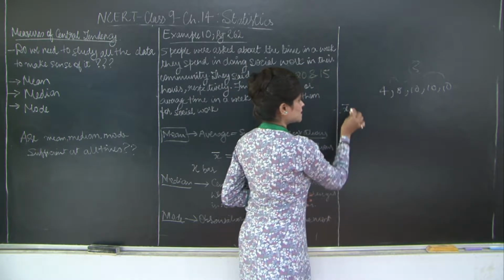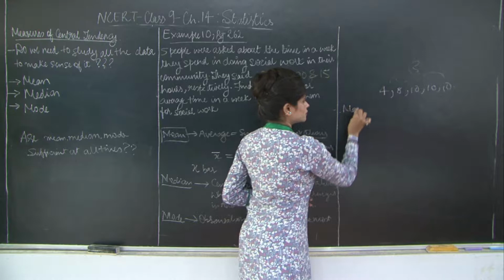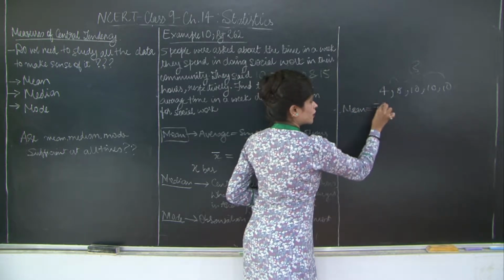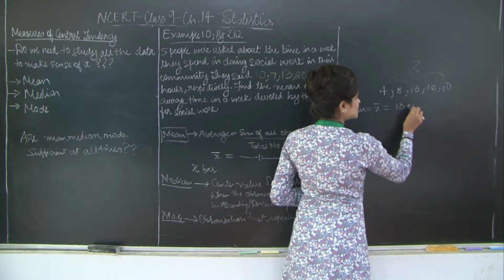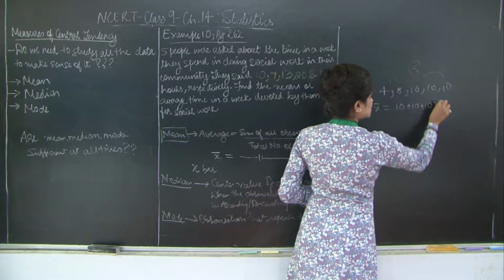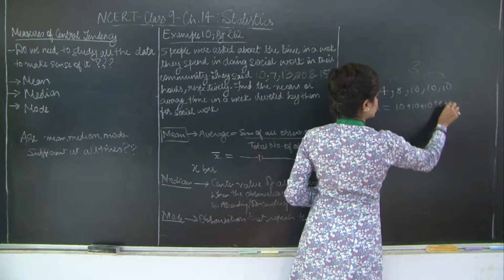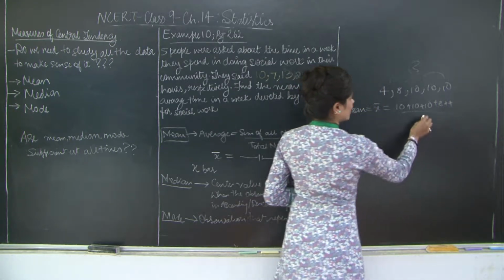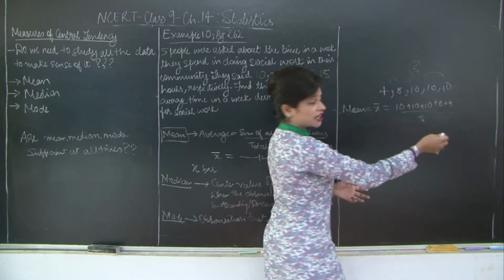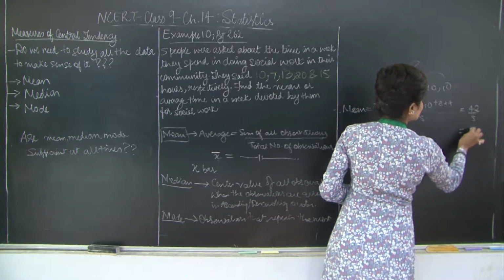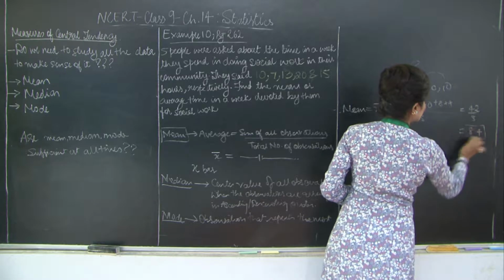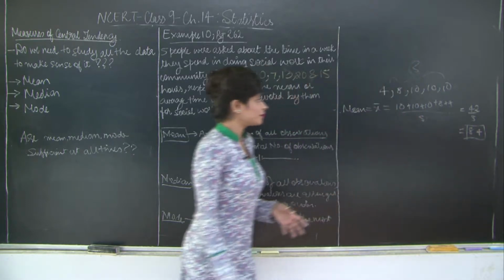Mean is going to be x bar, which is the sum of all the observations. So the sum of all the observations would be 10 plus 10 plus 10 plus 8 plus 4 upon 5. So 38 plus 4 is 42 upon 5, which is 8.4. So the mean is 8.4.